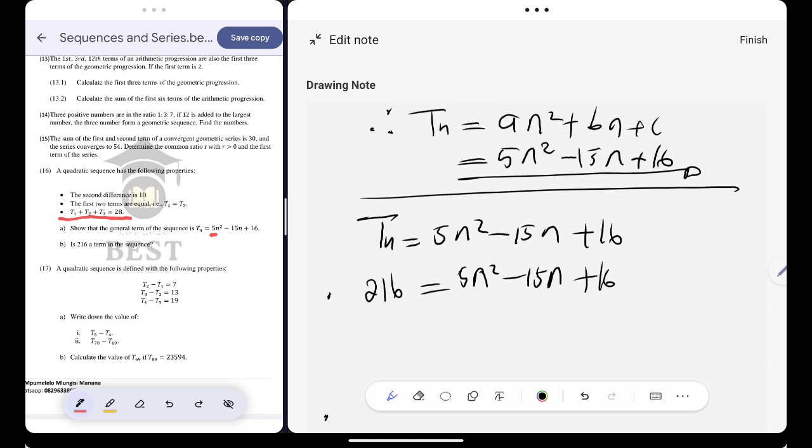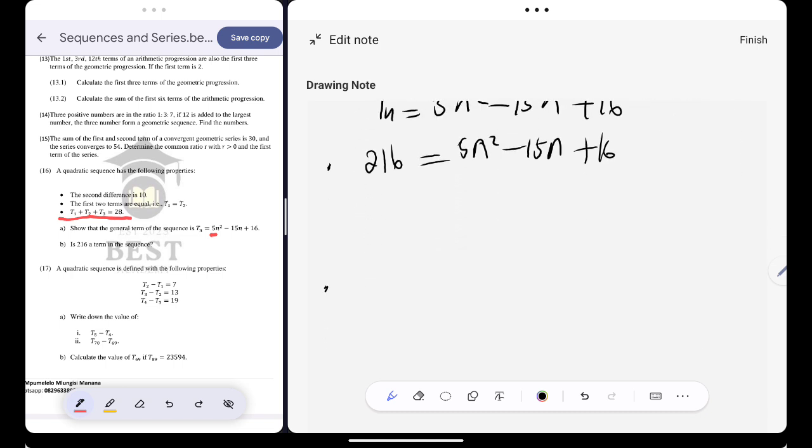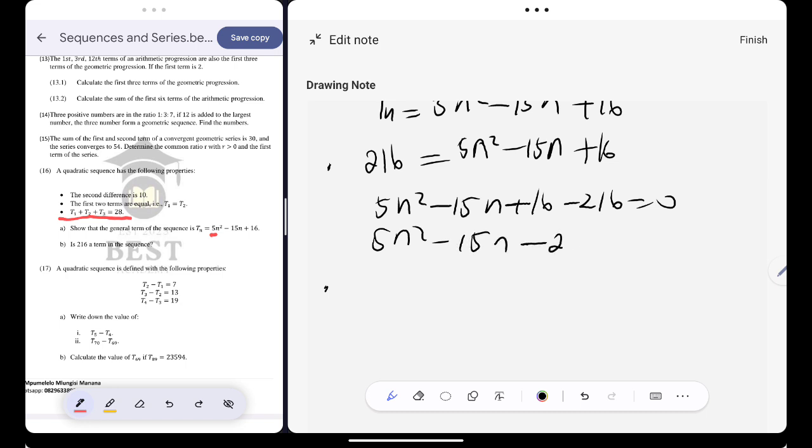So let's first do it by solving. We'll have 5n squared minus 15n plus 16 minus 216 is equal to 0. 5n squared minus 15n minus 200 is 0.